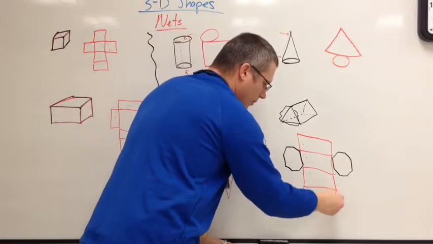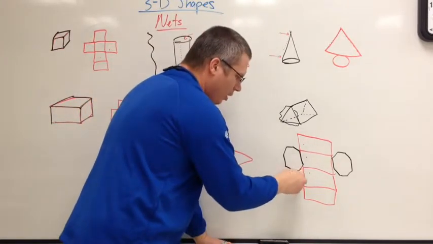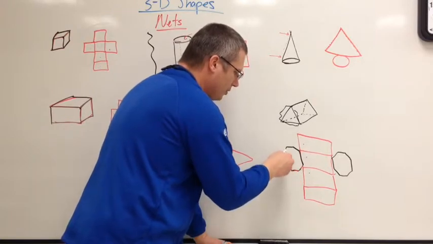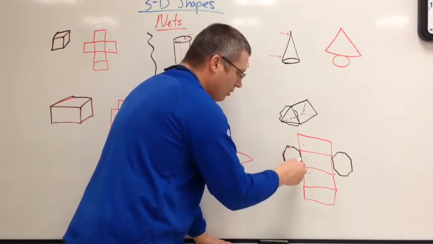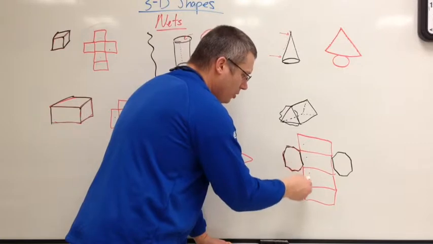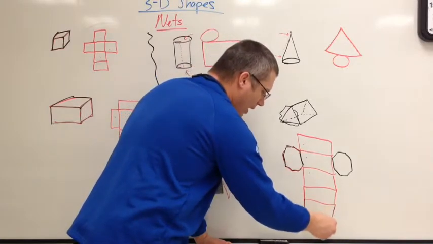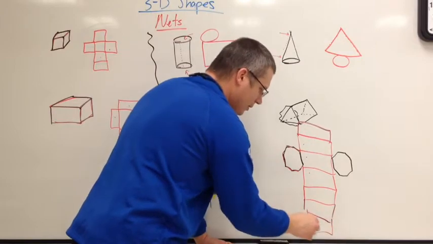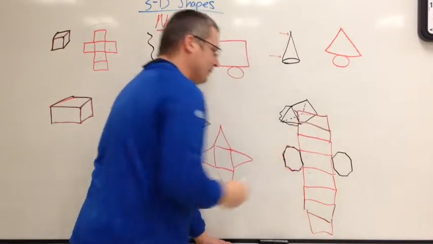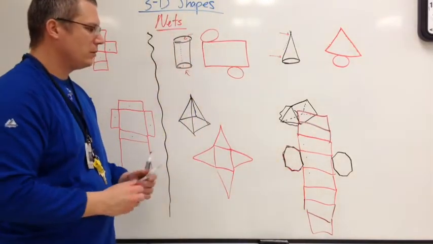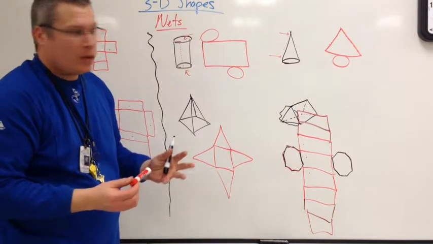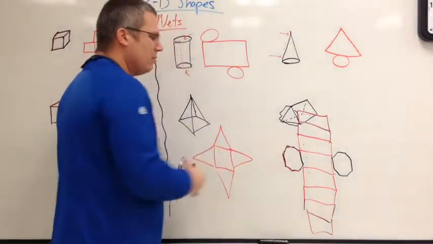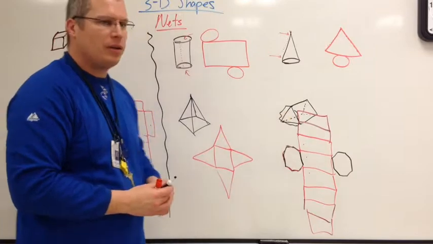Well, there's 8 pieces. 1, 2, 3, 4, 5, 6, 7, 8. I would need 8. So that would be an octagonal prism, again, depending on what the front was.